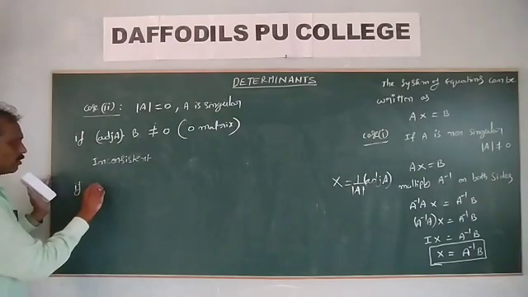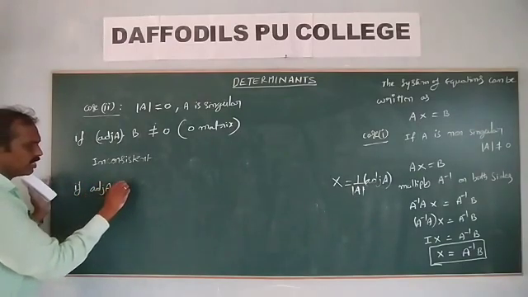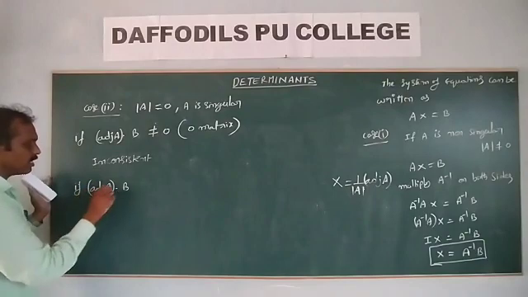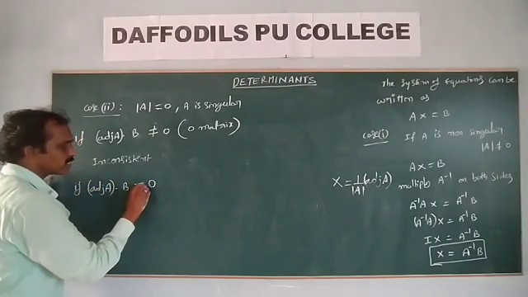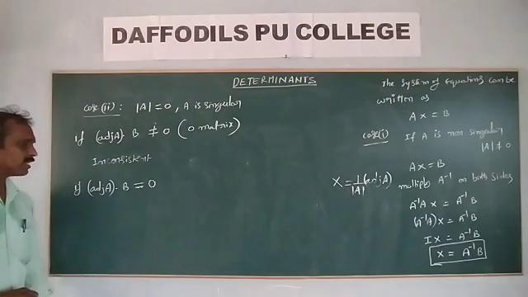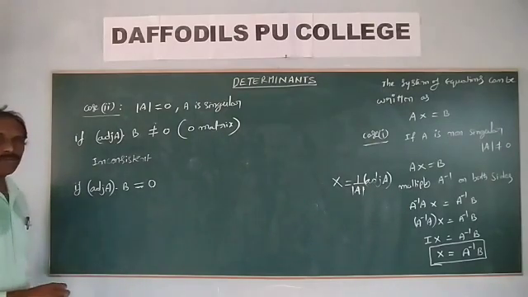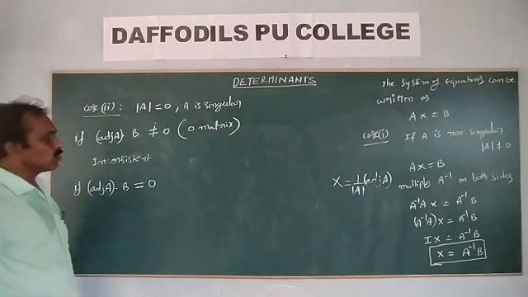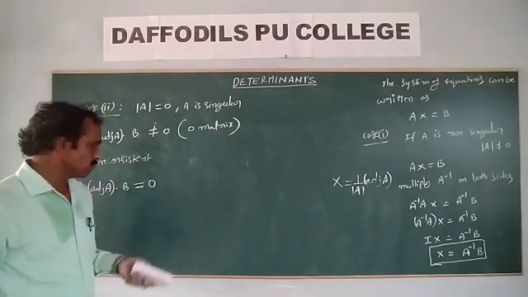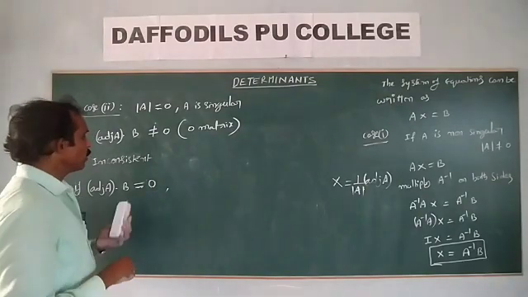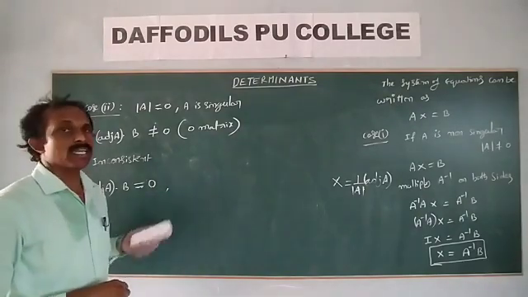Suppose adjoint A into B is equal to the 0 matrix, then the system has infinitely many solutions.